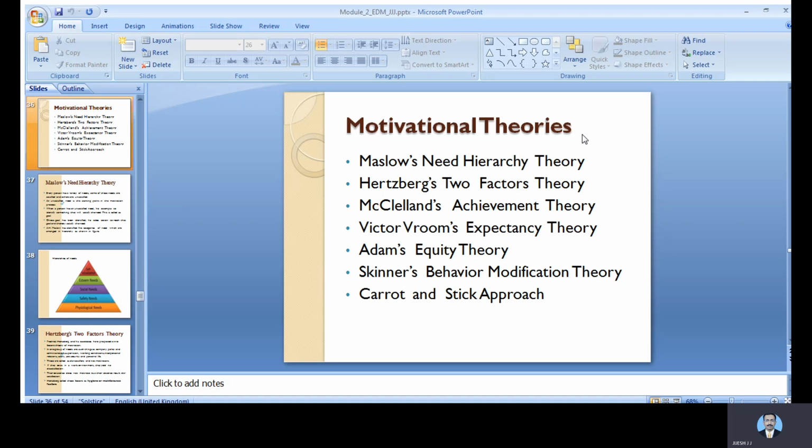Today's topic for discussion will be motivational theories, and it's very important for us to understand that motivational theories play a major role in every industry.